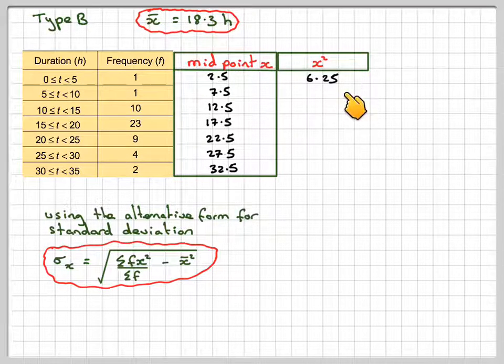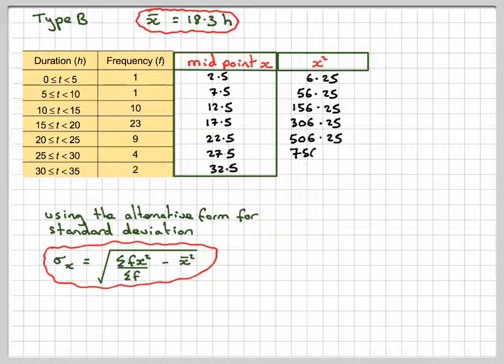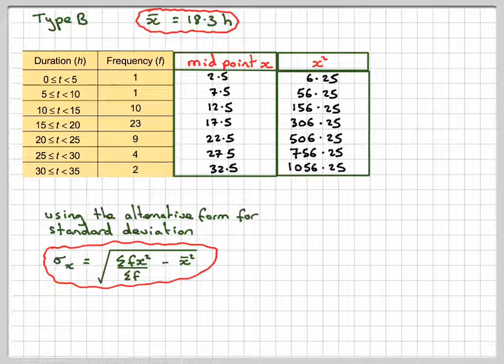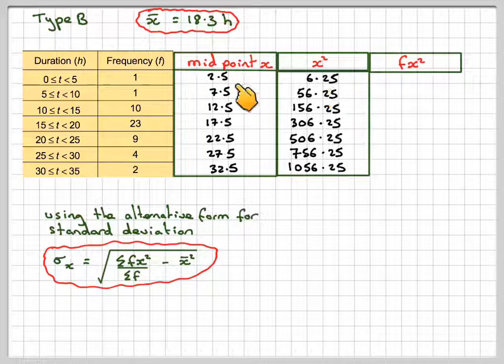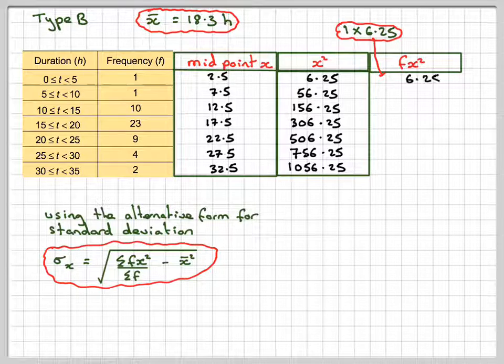You would need to work out x squared for each of these. It's 2.5 squared is 6.25, 7.5 squared is 56.25, etc. Working them all out. For example, the last one, 32.5 squared, will give me 1056.25. This one occurs 1 time, so we need to do 1 times 6.25, that gives me 6.25.